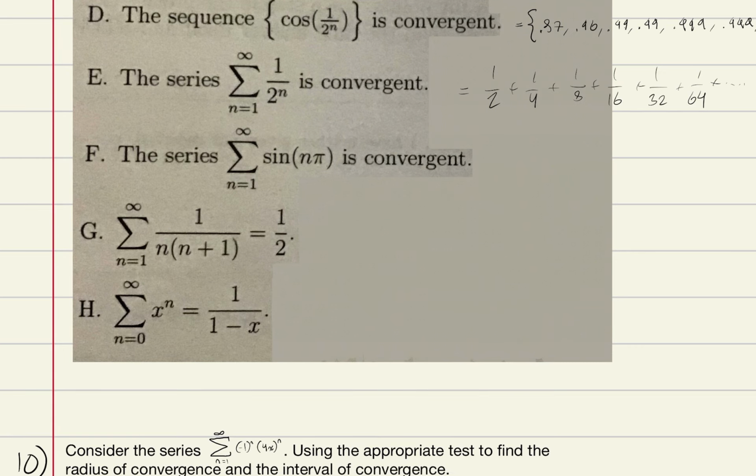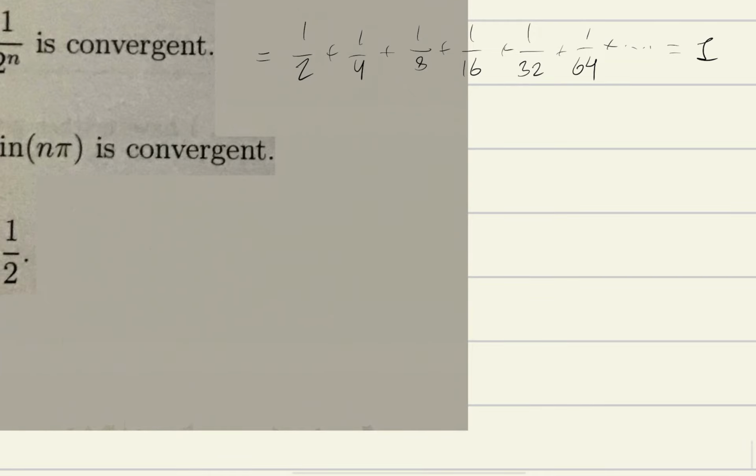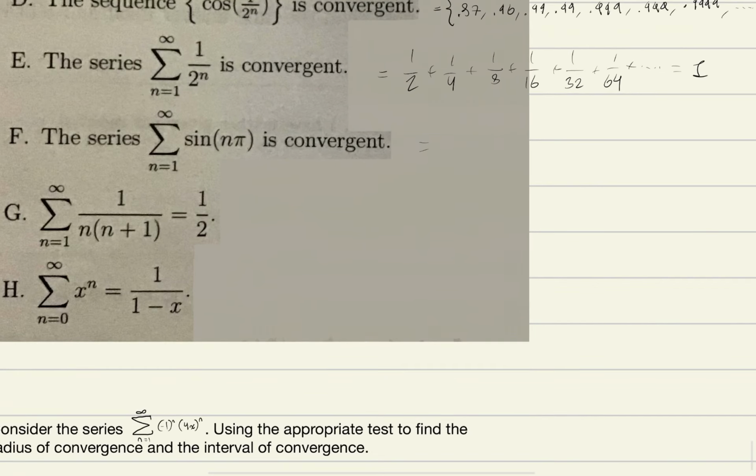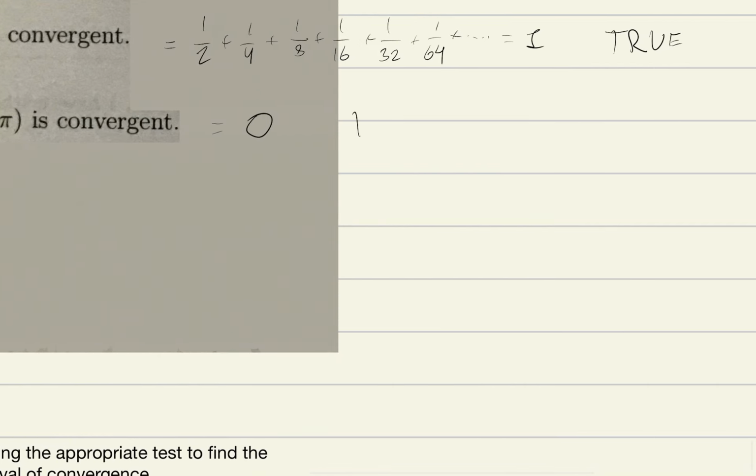The series sine of n pi is convergent. Again, we can test out some values. We can already see any value at pi for sine is 0. So this would just be equal to 0, which would make this true.